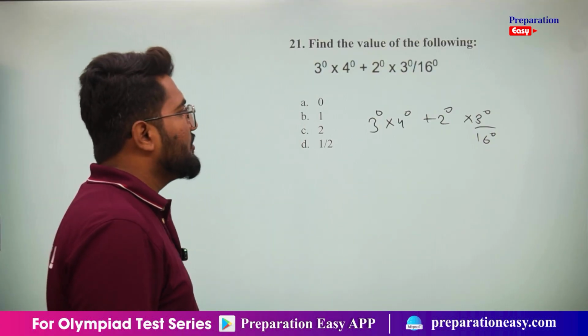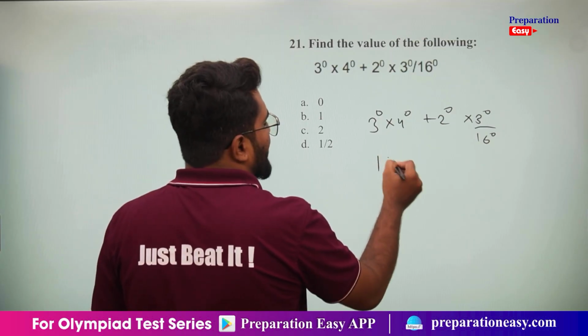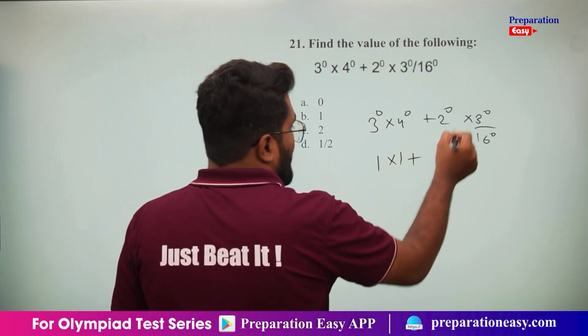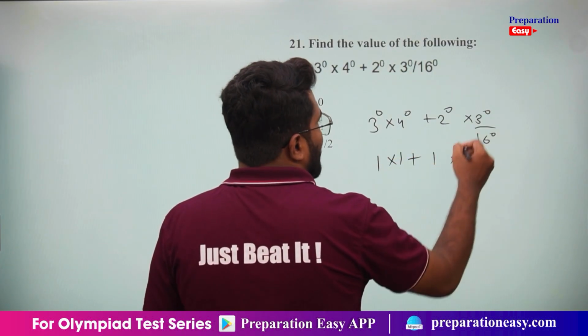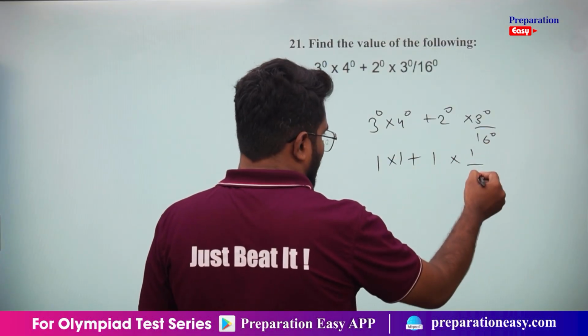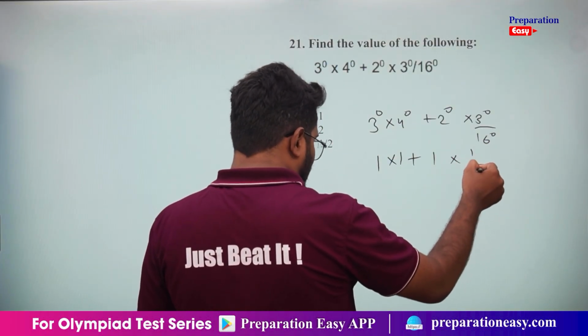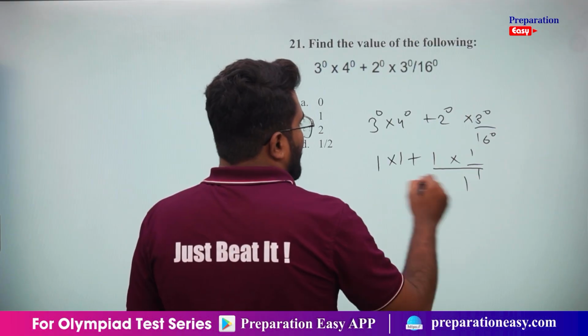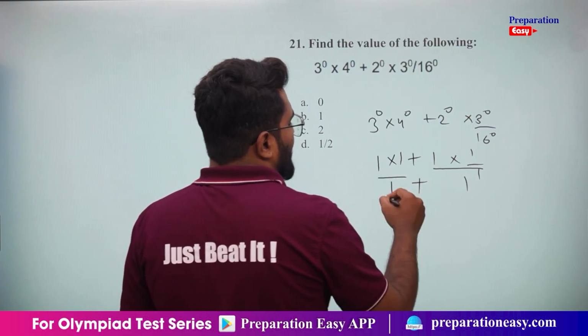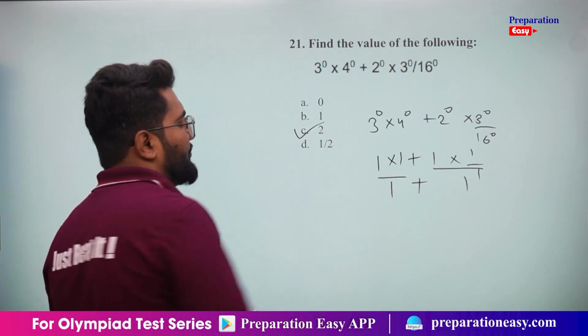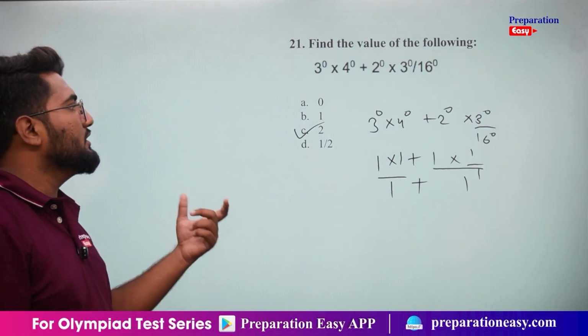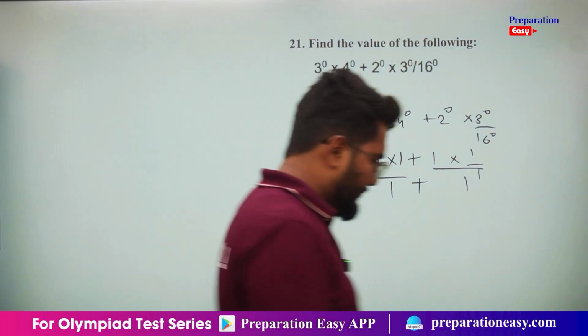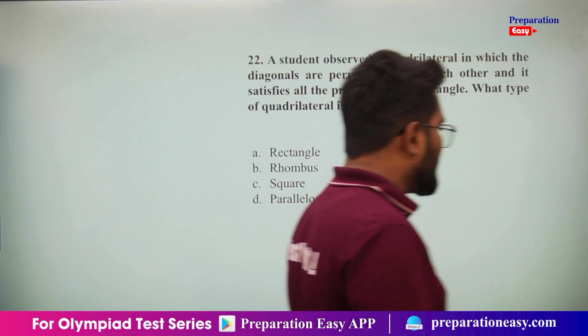So each term becomes 1. 1 into 1 will become 1, plus 1 plus 1 will become 2. So the correct answer will be option C, 2. Okay. Let's move towards next question.